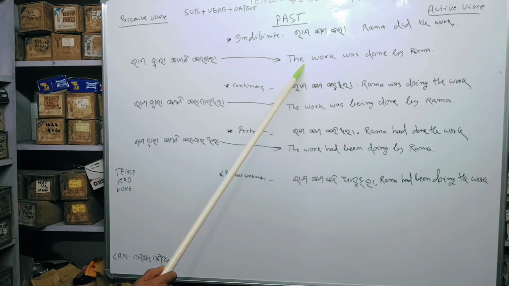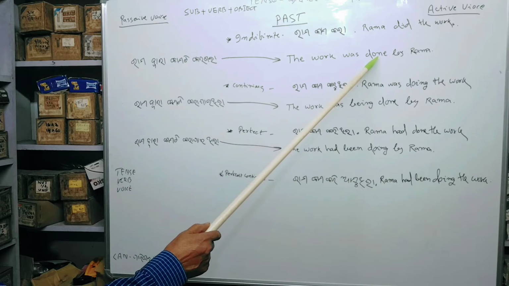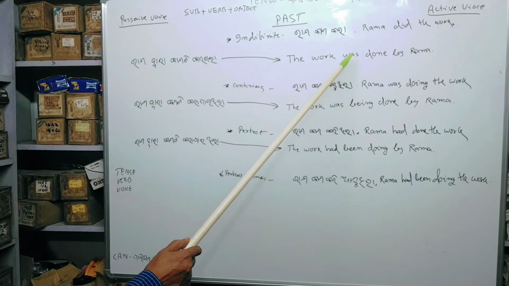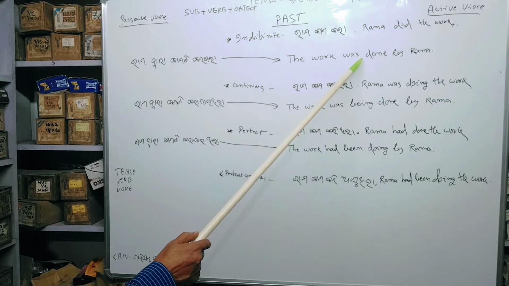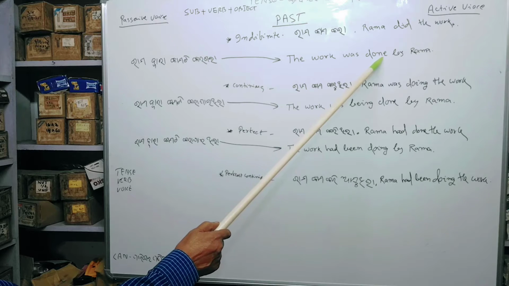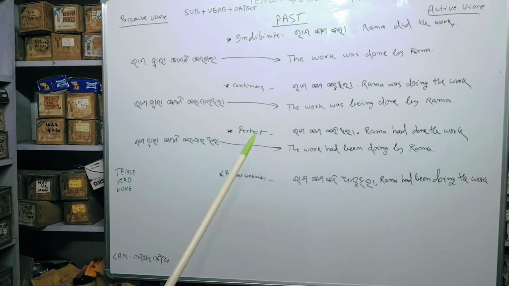The work is subject, was is helping verb, and done is verb, past participle. When we change the voice in an indefinite sentence, we have to use the third form of verb, past participle, by Ram.